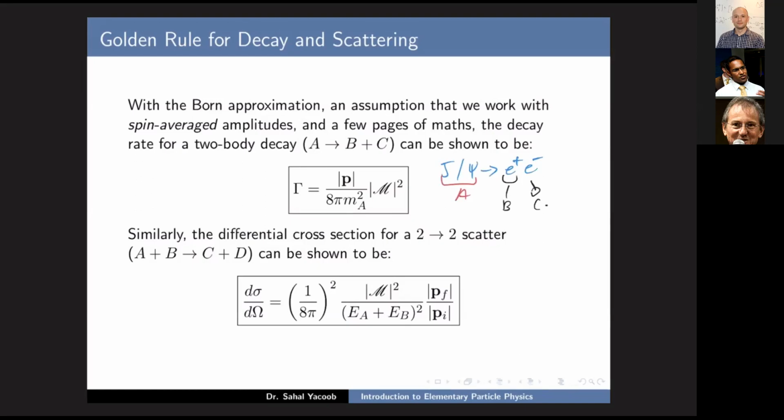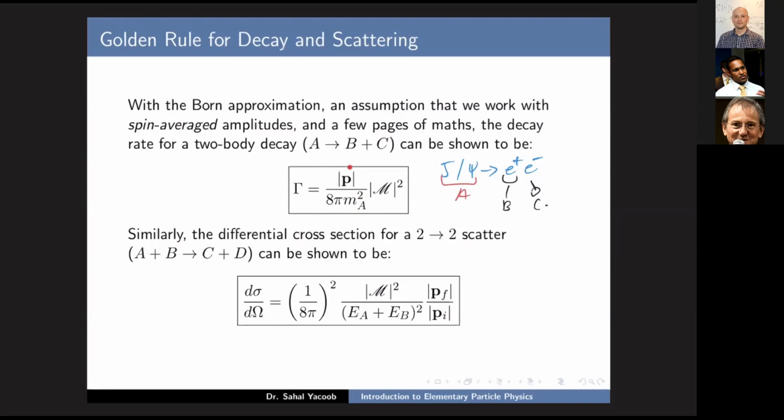So we can generically say that for any 2-body decay, the decay rate is this term that comes from the kinematics, because the kinematics are always going to be the same. There are some assumptions that are hidden in here, particularly what frame we're in.